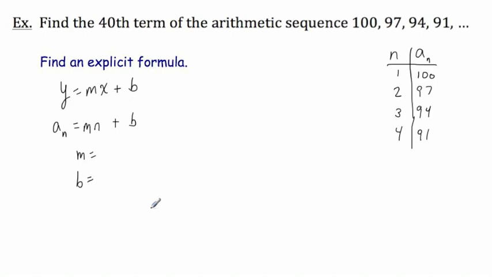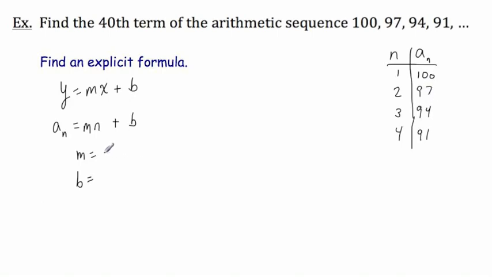Remember that m is the rate of change, and you can either use the slope formula, use 2 points to substitute into the slope formula in order to find the rate of change, or if you know that conceptually m is the rate of change, we can see that there's a change of 3 between each of these terms, but this is not an increase of 3, this is a decrease of 3.